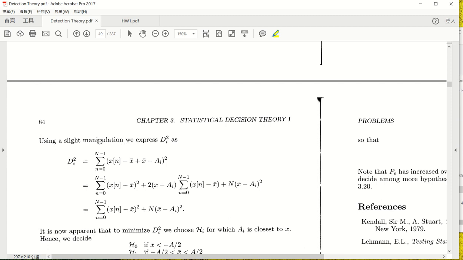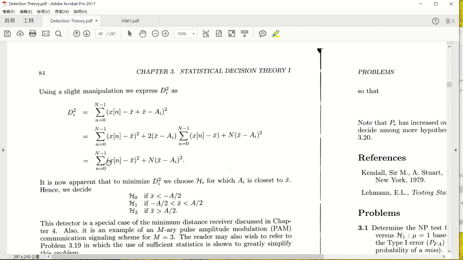Manipulation means that you reformulated and then simplified it. Manipulation in mathematics means making some mathematical adjustments, variable transformations, or simplifications. With the slight manipulation, we express di squared like this, and then do like this, and then do like this, and simplify it.